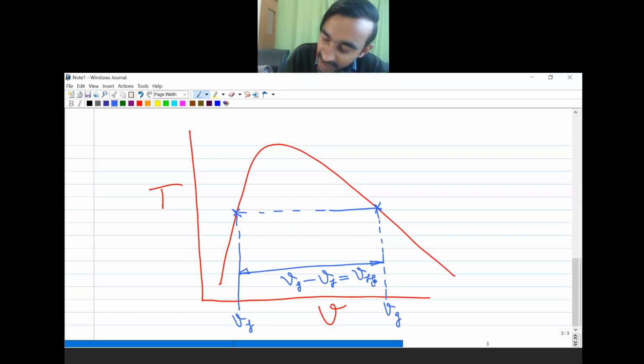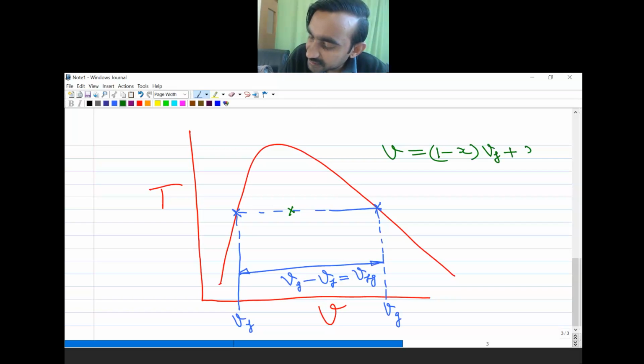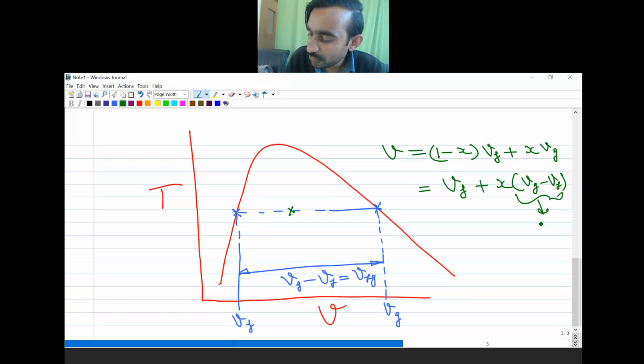Now, if any parameter I have to specify in between the liquid vapor dome, the specific volume we get is (1 minus x) times Vf plus x times Vg, and finally it takes the form Vf plus x times (Vg minus Vf), which we simply call Vfg.